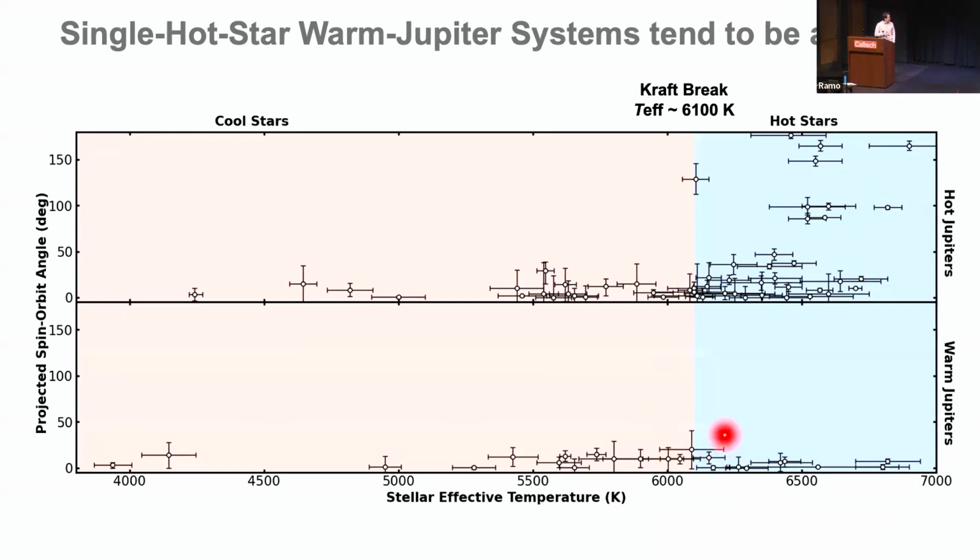You can see here that all of them are aligned. So we have enough warm Jupiter systems beyond the Kraft break, as mentioned by Gigi, to support that warm Jupiter systems do not show the same temperature-lambda relation as hot Jupiter systems.